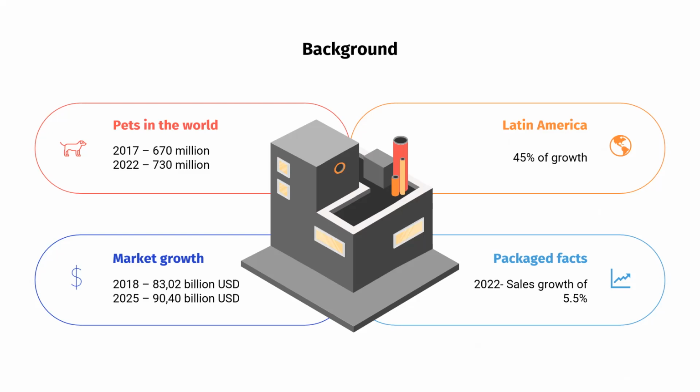It is expected that by 2025 the industry will see a compound annual growth rate of 4.5%, so by 2025 the industry is expected to reach $90.4 billion. And Packaging Facts states that sales growth is expected to be 5.5% in 2021 and 2022, followed by 5% in 2023 and 2024.